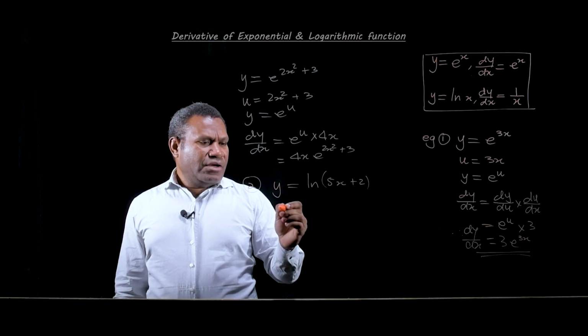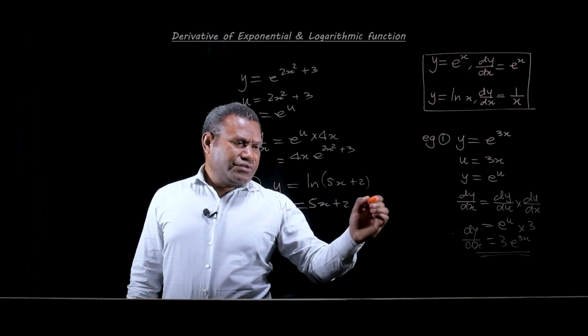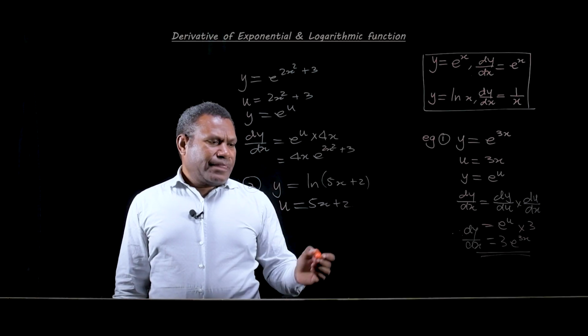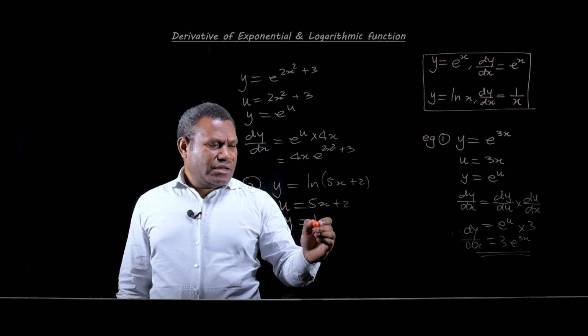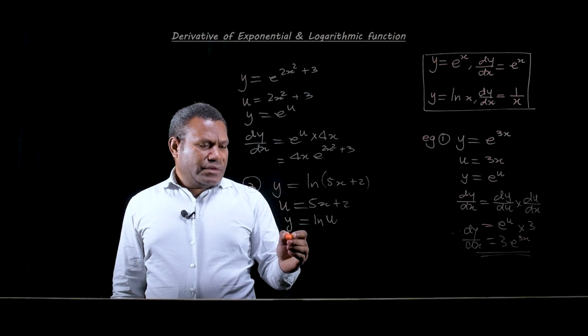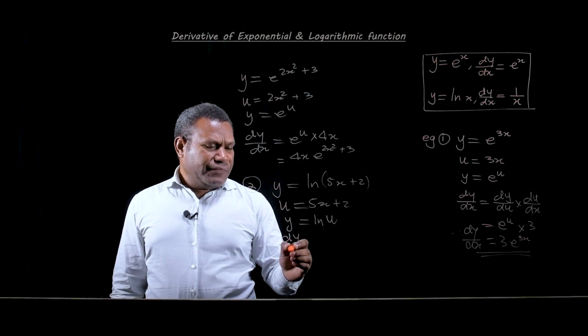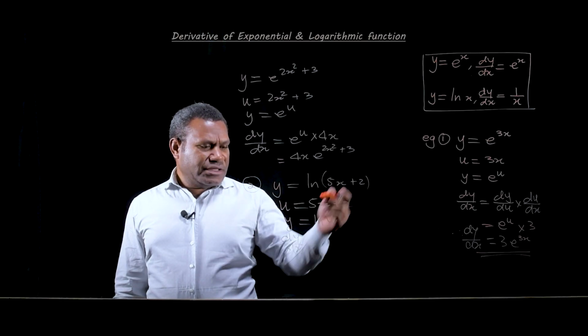So we let u equal 5x plus 2. This function now becomes the natural log of u. If I work out the derivative of this function using the chain rule, what will it become?